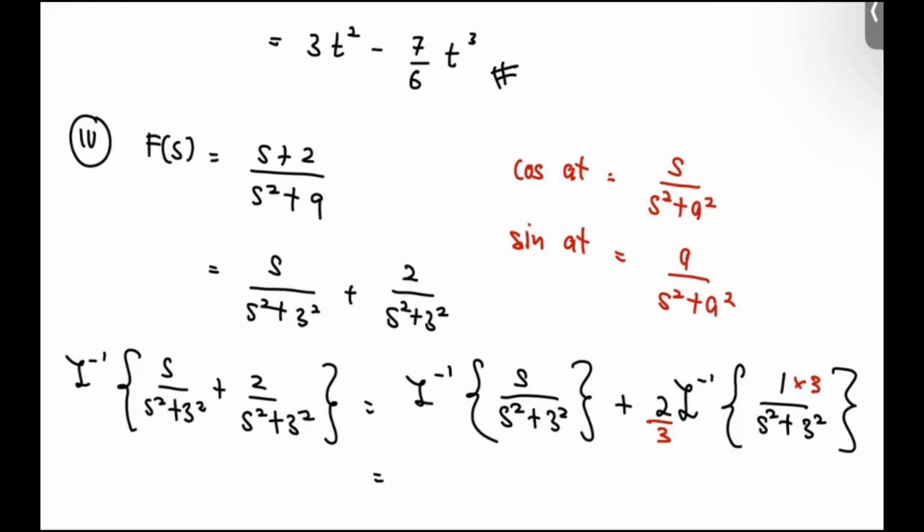So now this function is cos 3t, and this one will be sin 3t, times 2 over 3. So here we have cos 3t plus 2 over 3 sin 3t.